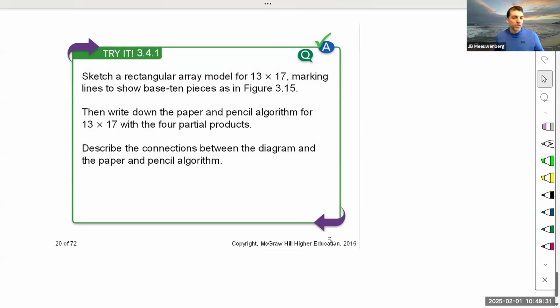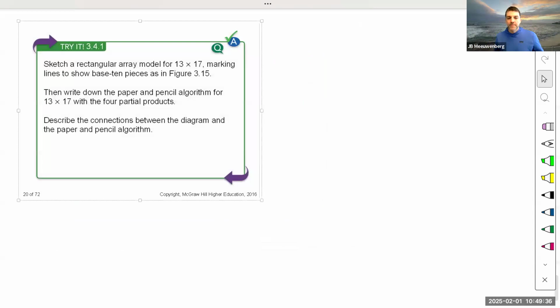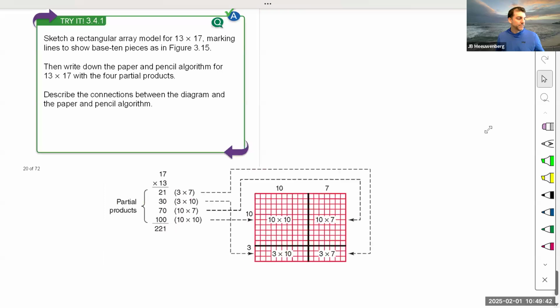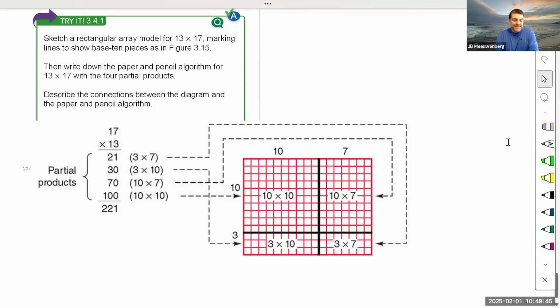So what you probably did was something that looked like this. So let's examine this.